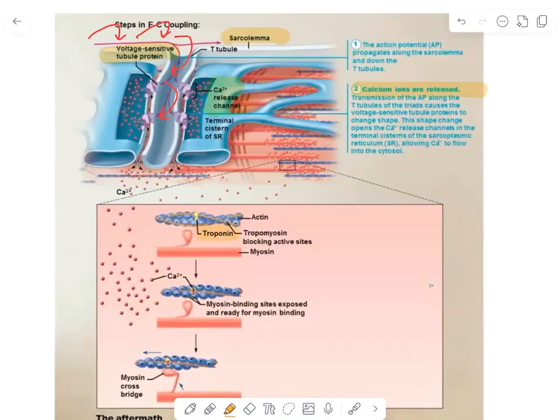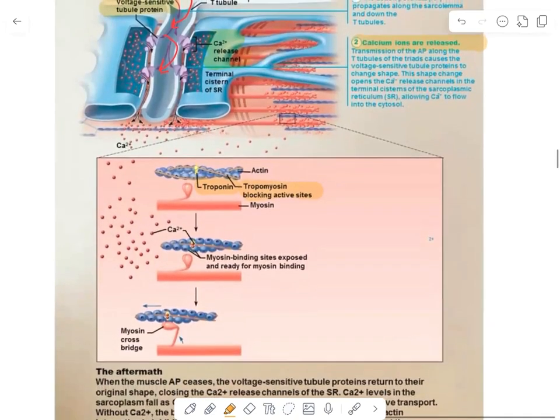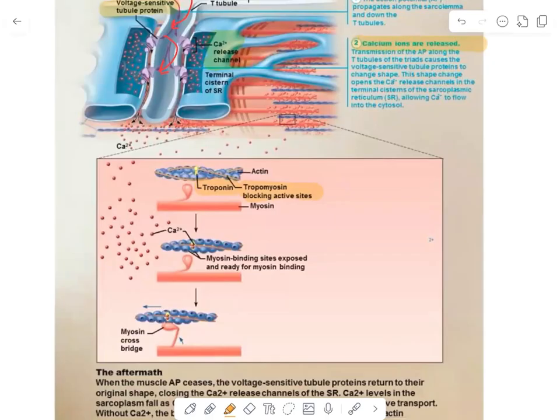So make sure you know it's troponin and not actin or tropomyosin. Troponin's connected to tropomyosin, so as a unit, both of them rotate out of the way to uncover the binding site for myosin. Because eventually myosin, which remember is the thick filament, is going to attach to the thin filament, which is actin, to form a cross bridge.